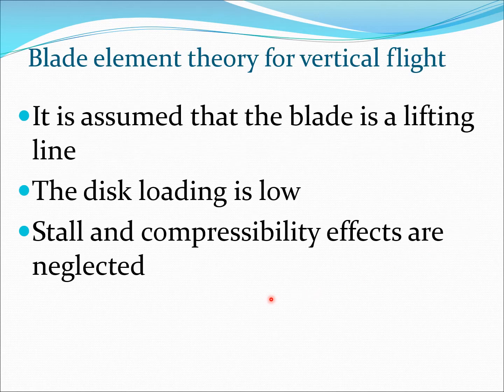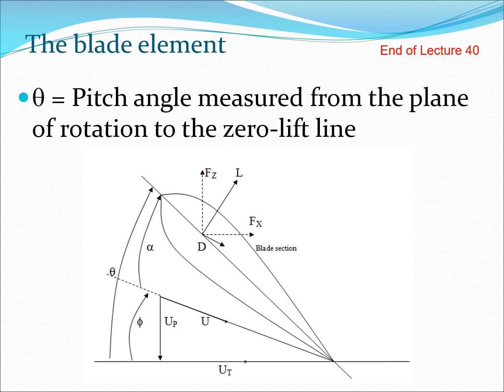Blade element theory also assumes that the blade is a lifting line, the disk loading is low, and at present we are going to neglect any effect of stall and compressibility, though there are ways to include these in BET which we will touch upon later.